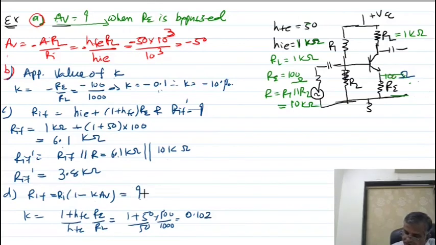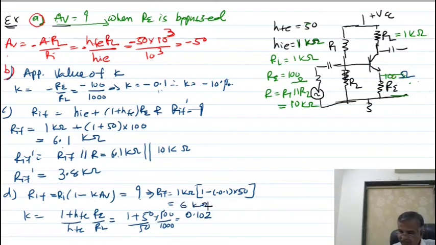If you use this equation, then look here, RE 1 kilo ohm, 1 minus 0.1 multiplied by gain 50, you will get nearly about 6 kilo ohm. They are asking you to calculate the RF.